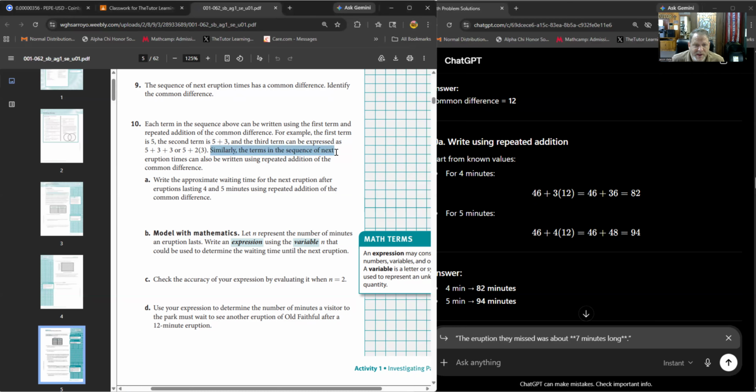Similarly, the terms in the sequence of the next eruption times can also be written using repeated addition of the common difference. All right, write the approximate waiting time for the next eruption after eruptions lasting 4 and 5 minutes using repeated addition of the common difference.